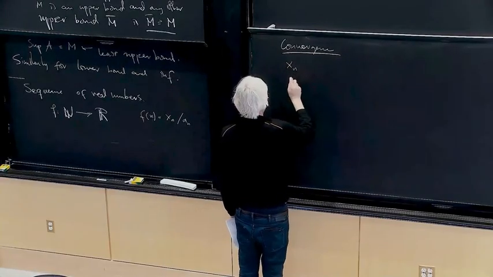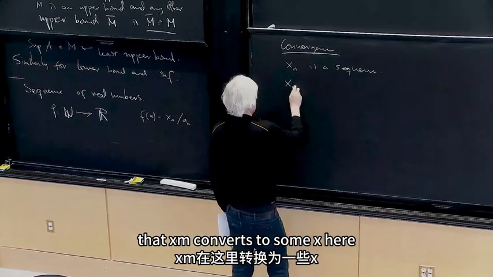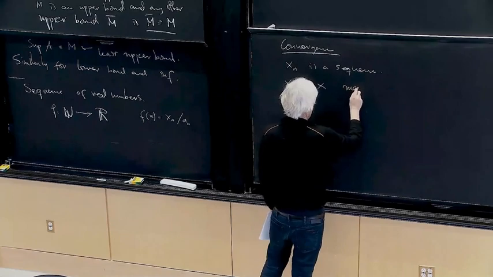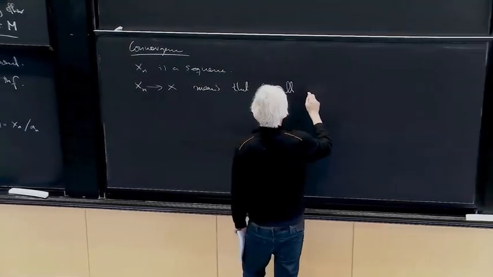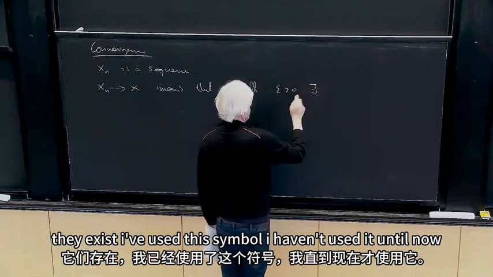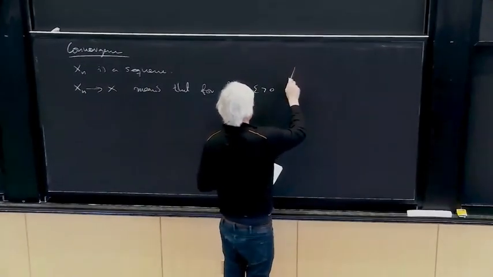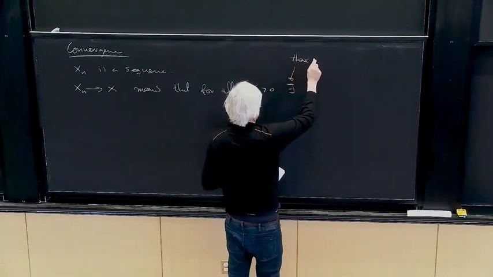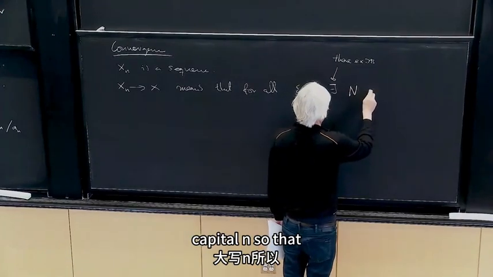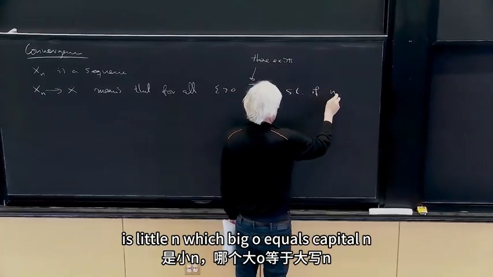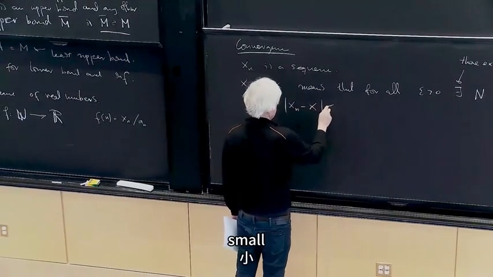So if this here is a sequence, that x_n converges to some x just means that for all epsilon greater than 0, there exists (I've used this symbol, I haven't used it until now, but it's just so hard not to use it; it's not on the midterm, but it's a totally standard symbol) a capital N such that if little n is bigger or equal to capital N, then the absolute value of x_n minus x is smaller than epsilon.